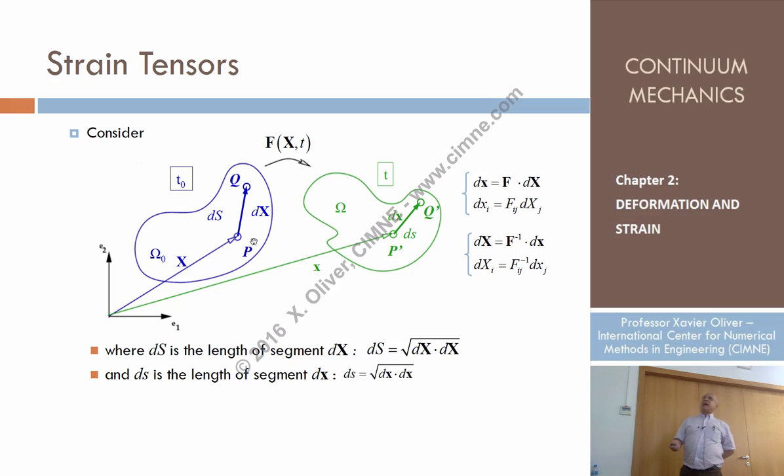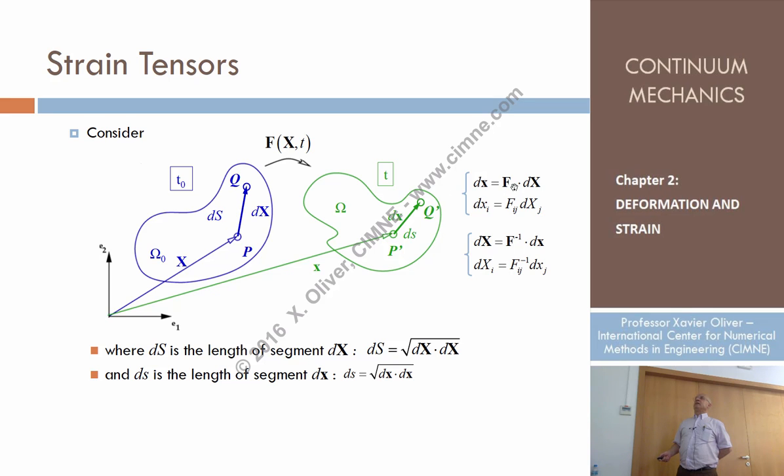Let's consider again the material configuration and the spatial configuration, with two particles, P and Q, which have a relative position differential of X at the reference configuration. These two particles at the present time occupy the positions P prime, Q prime, and the relative position is differential of x.